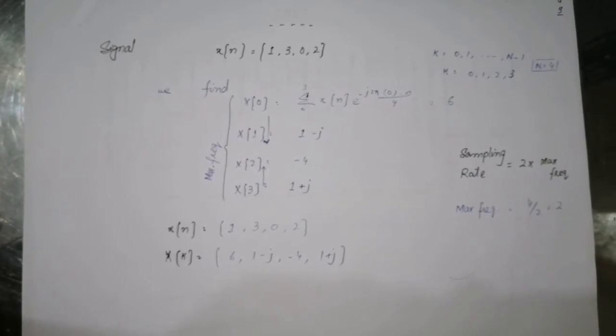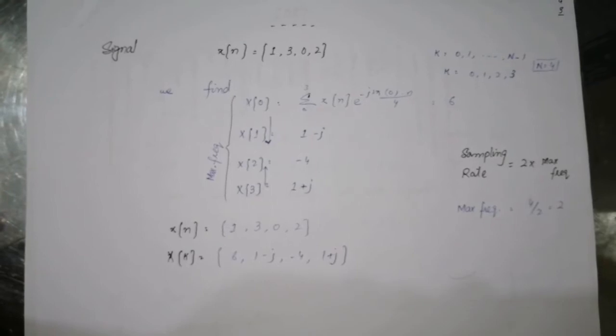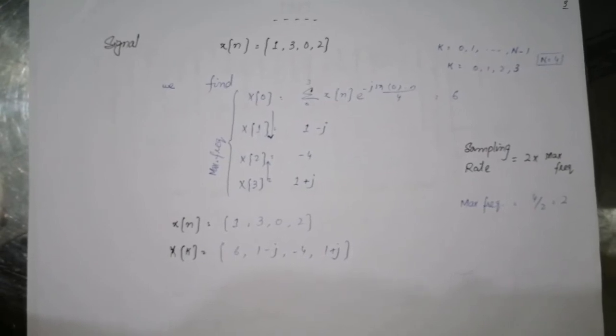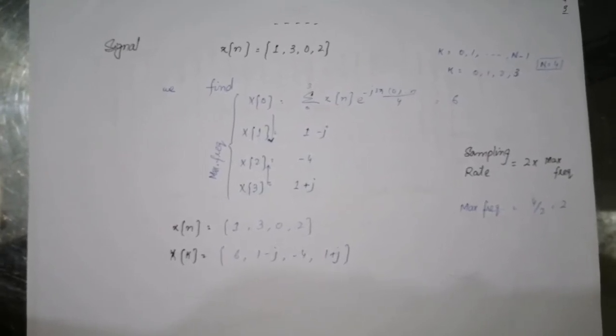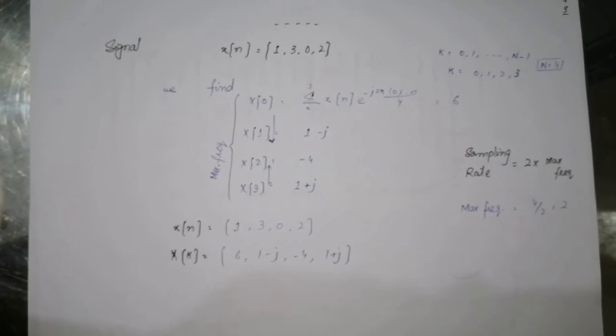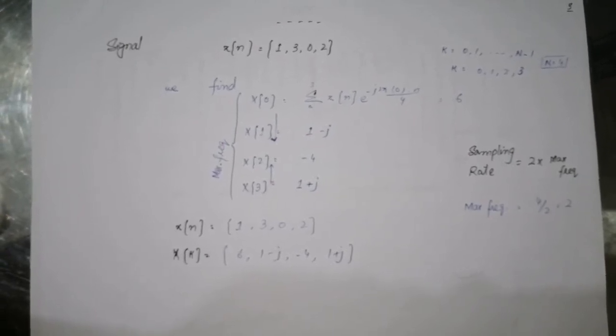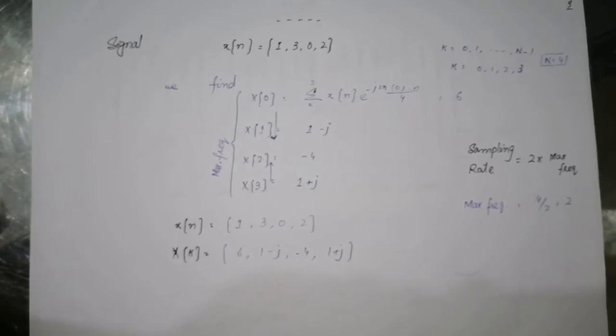X of 0 is equal to 6, x of 1 is equal to 1 minus j, x of 2 is equal to minus 4 and x of 3 is equal to 1 plus j. You can also observe that after the highest sampling rate, the next value is the conjugate of the previous one.